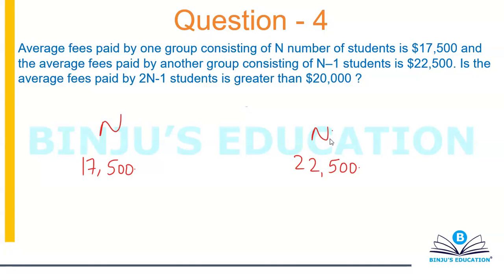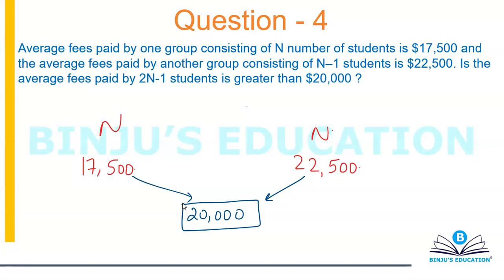So I have n students paying 17,500 and n students paying 22,500. Can I say in that case my average would be exactly 20,000, yes or no? Because the frequencies are equal, the average will be exactly in the center.